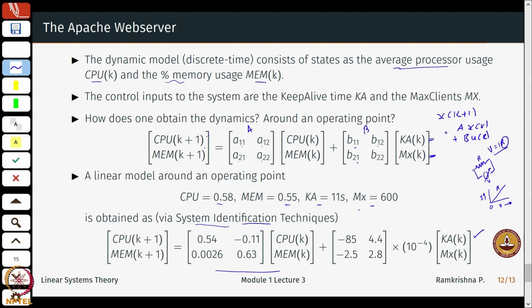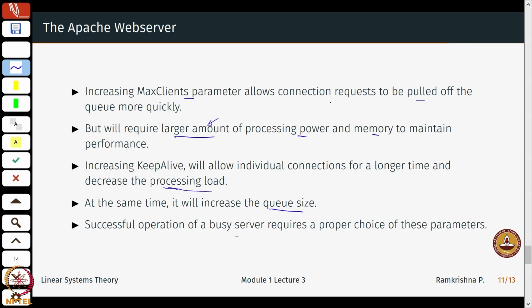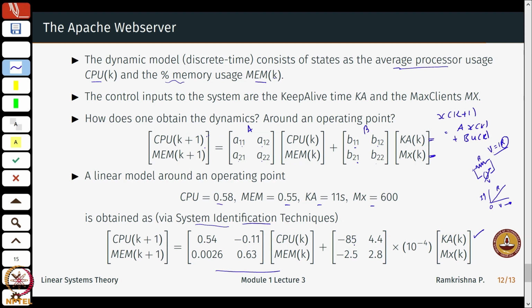Now, once I have this model, I just have to check, are these informative enough? Do they actually capture the effect of increasing MaxClients? Do they also capture the effect of increasing the KeepAlive time? Just a simple observation here.